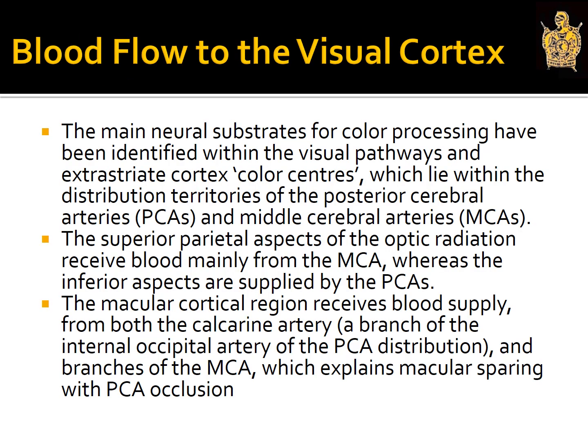The superior parietal aspects of the optic radiation receive blood from the middle cerebral artery, whereas the inferior aspects receive blood from the posterior cerebral artery. The macular cortical region also receives blood from both arteries. The calcarine artery supplies the macular region, and then the branch of the middle cerebral artery supplies this area too. That's why there is macular sparing in an eye lesion.